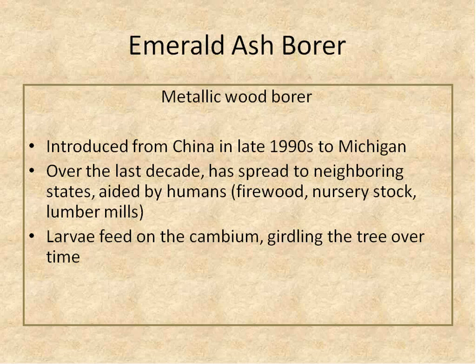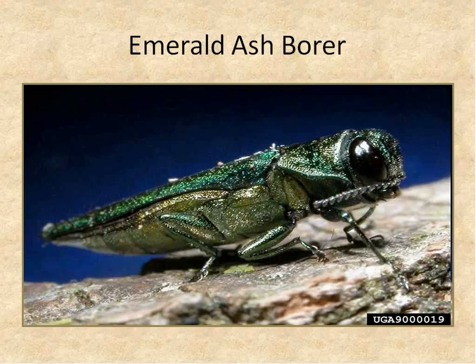These beetle larvae are feeding under the bark on cambium tissue, and at high densities, this packing in of larvae into a tree will girdle the tree, killing it. So again, gorgeous insect. Moving on.